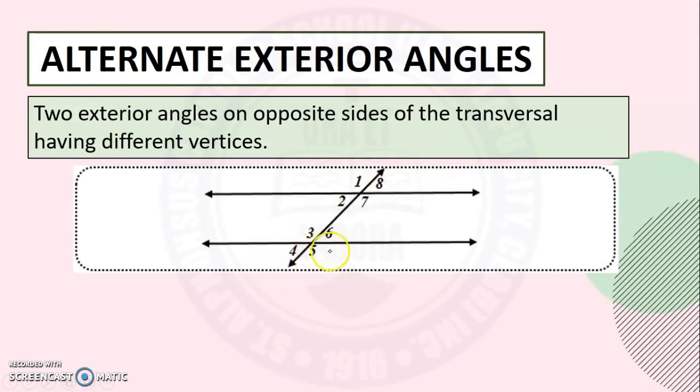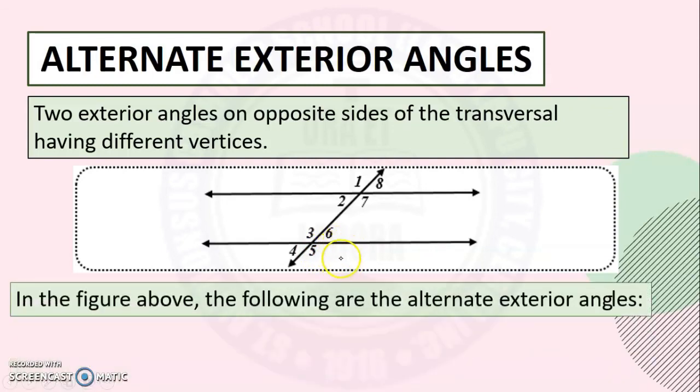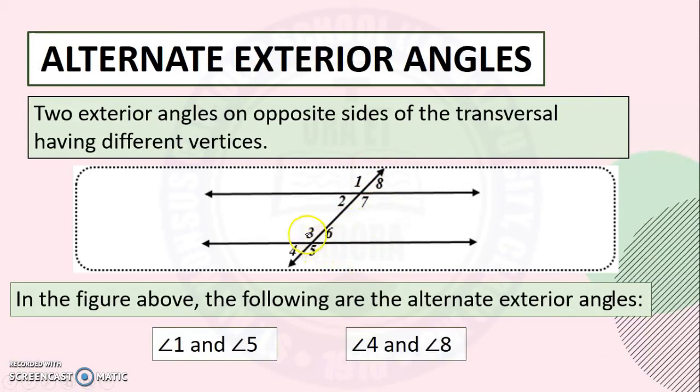So 2 exterior angles on opposite sides. One should be on the left side and the other should be on the right side, and they should have different vertices. So that means the pairs of alternate exterior angles are angle 1 and angle 5 and angle 4 and angle 8.